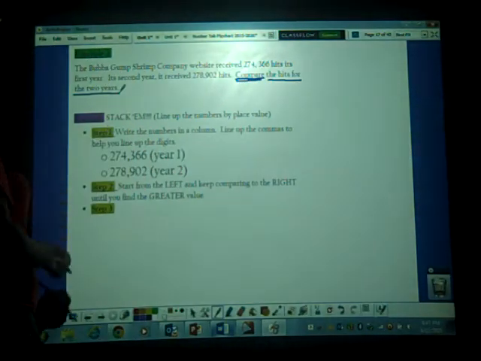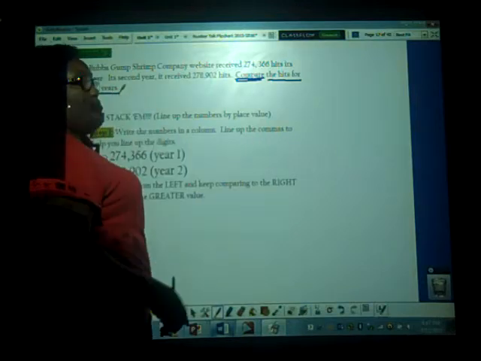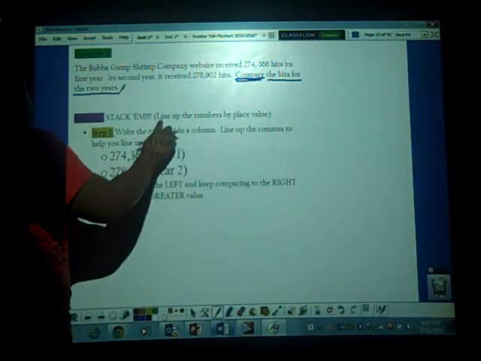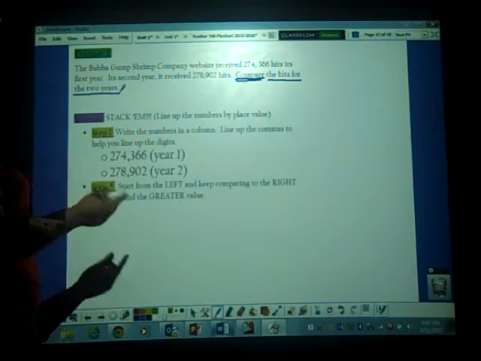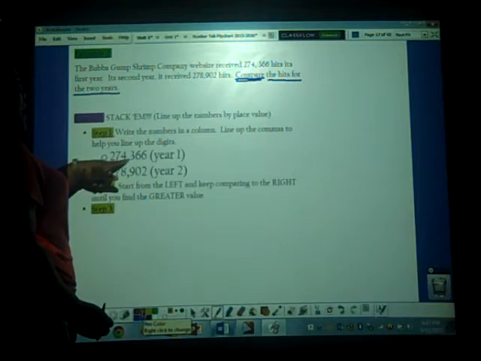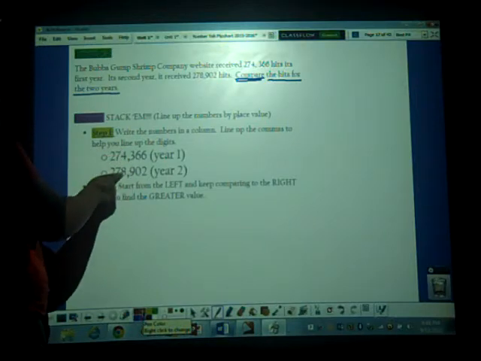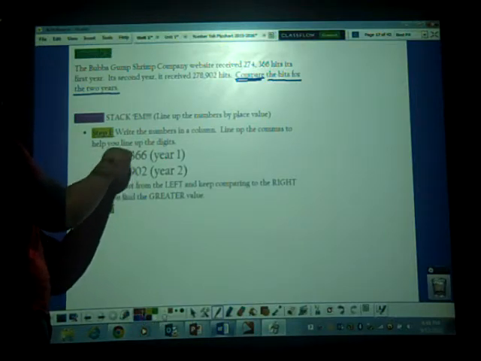So here's the second strategy. Stack them, or stacking, which means line up the numbers by place value. I already did that in the other one, but I'm going to show you. We're going to write 274,366. Now these two numbers have the same amount of digits.